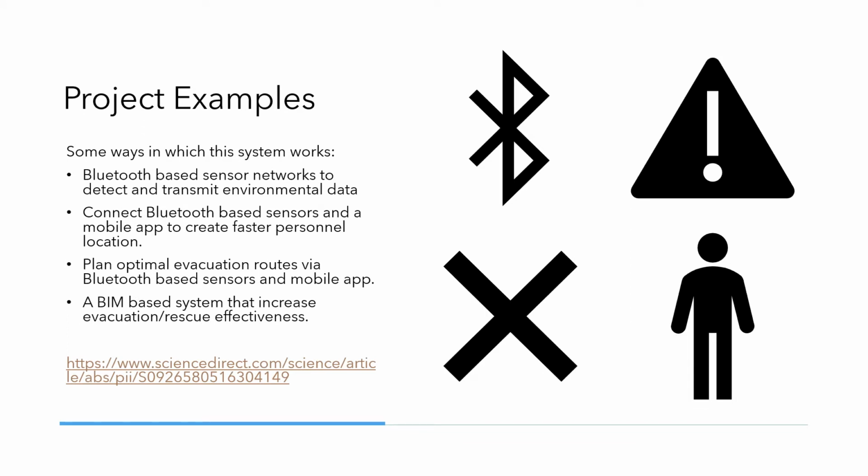Project examples. In Taiwan, modern high-rise buildings are configured in a way in which spaces are created in various ways. This creates a diverse building environment with various amounts of fire hazards that can be difficult to monitor.